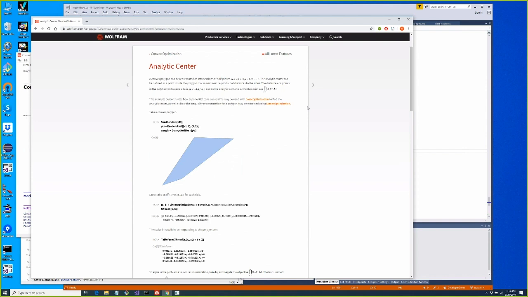And the idea of conic optimization is you minimize a linear objective function. The constraints are that an affine combination of the variables, like Ax plus b, has to lie in one of these convex cones.